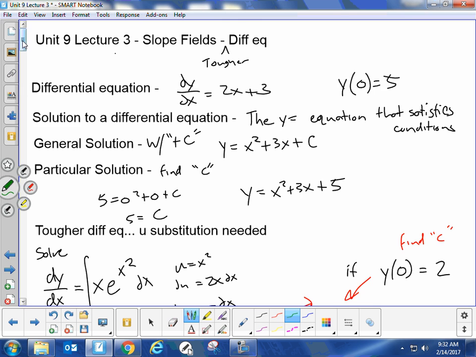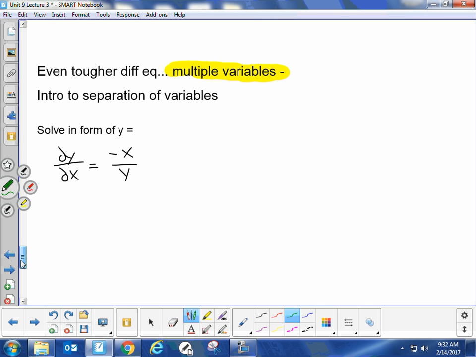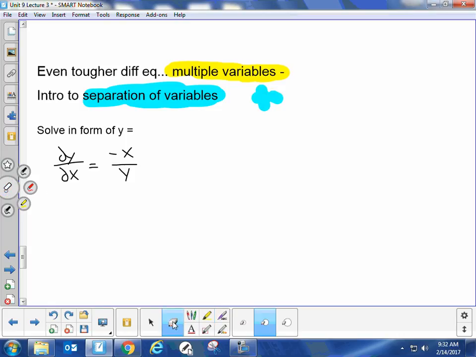Well, the process is called separation of variables. To implicitly integrate instead of differentiate.